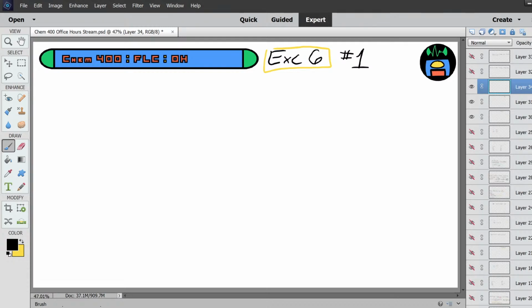Since the creation of exercise 6, I figured out why that is. But because exercise 6 was already live, Canvas doesn't let you edit live assignments. That way it's the same for everybody, no matter when they do it. Which I totally get, which is fair. Okay, so this is your number one.